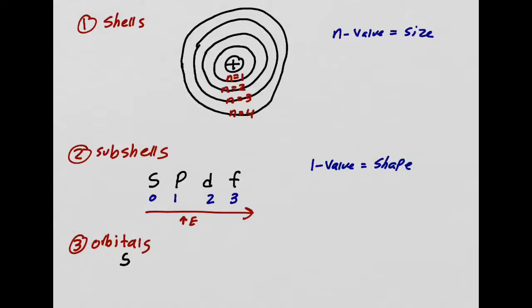and put one line for the S orbital. Then we have P, put 3 lines for P. Then we have D. Now put 5 lines for D. 1, 2, 3, 4, 5.